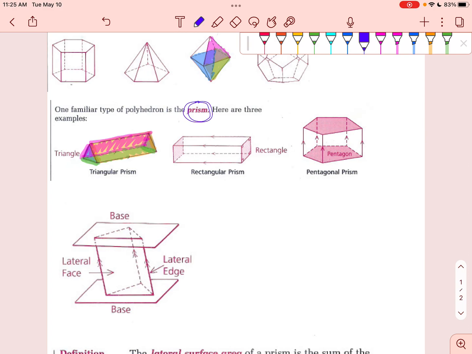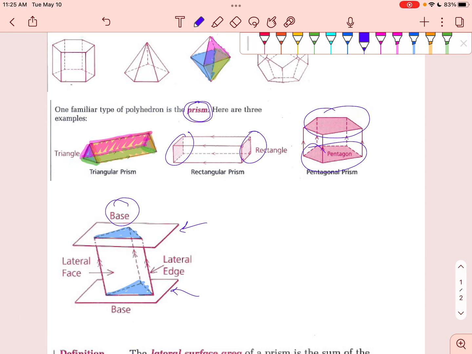And so again, these are called prisms. The two equal or cloned pieces are called your bases. So in this case, this triangle, which is cloned right here, those are my bases. And they are parallel to each other, on parallel planes.